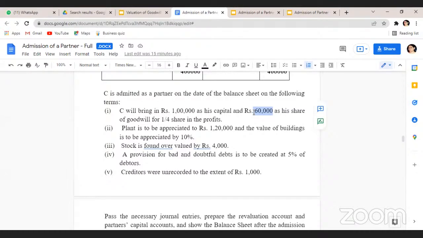How much does he compensate? Whatever is decided as his share of goodwill. Then how do the old partners take that? In the ratio of whatever share each partner sacrifices. Understood? So here we need to calculate that.